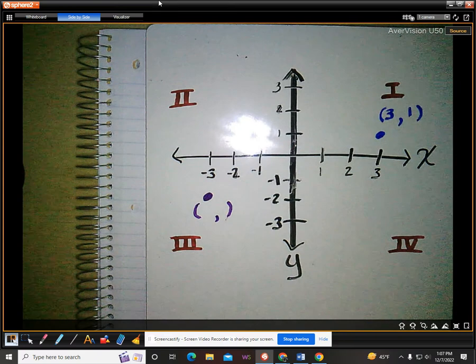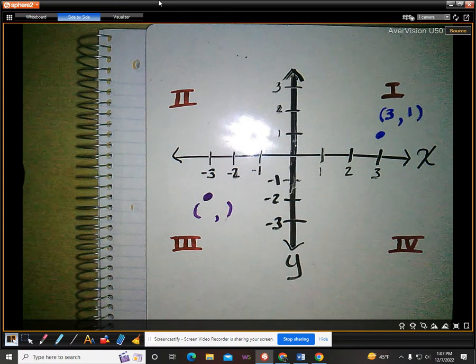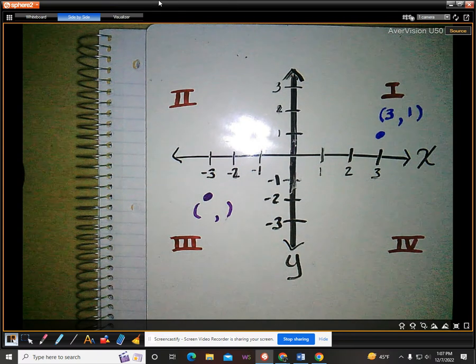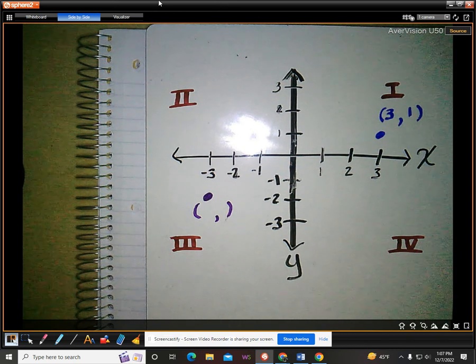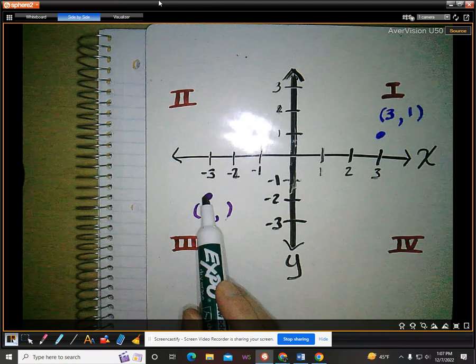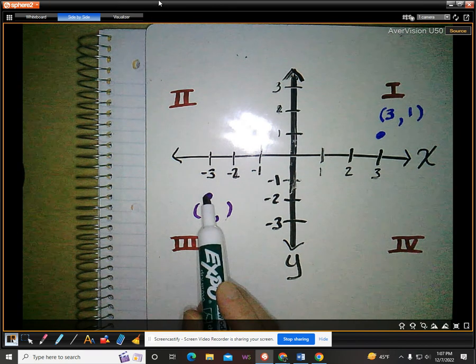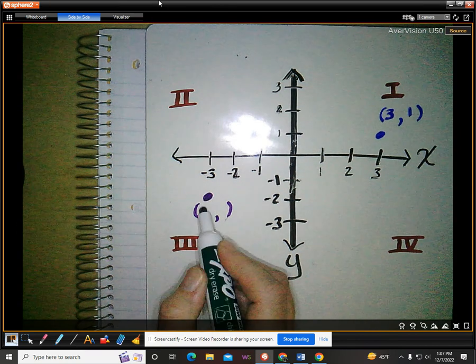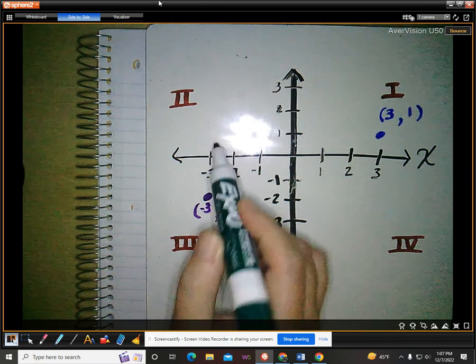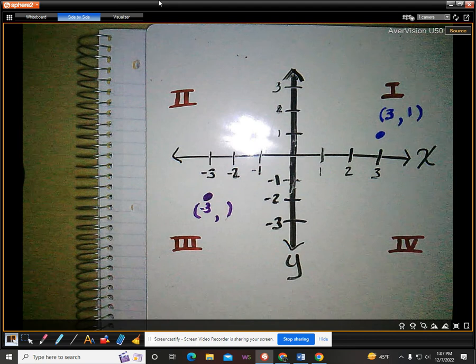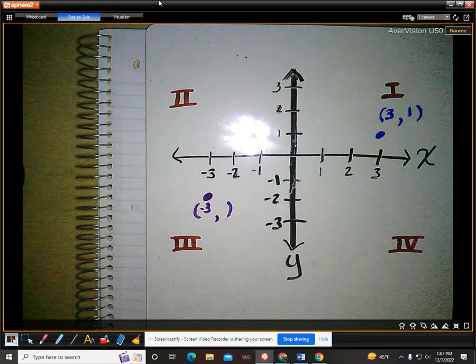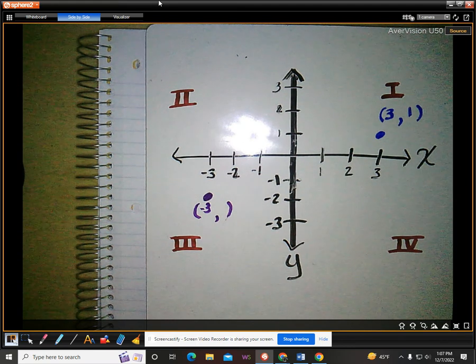Y always comes second. So, Kayla, I'm going to go back to you. All right. It's okay if you get it wrong. On the X axis, where is this purple dot? It is. Perfect. It's at -3 on the X. Okay. Where is it on the Y? Like I said, I don't have graph paper, so I do the best I can.